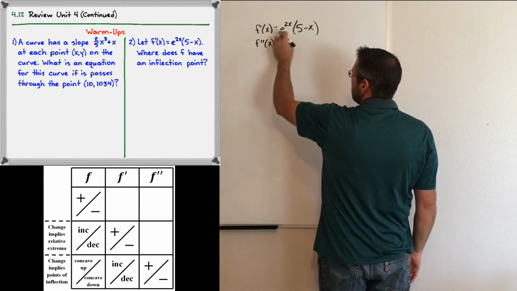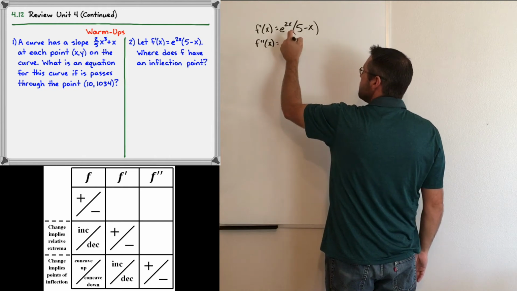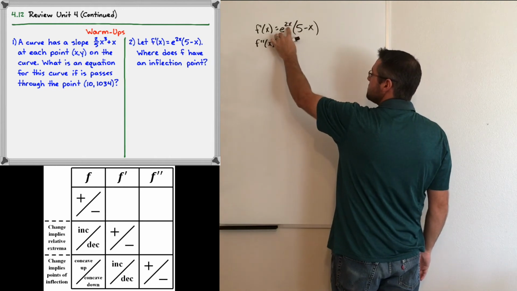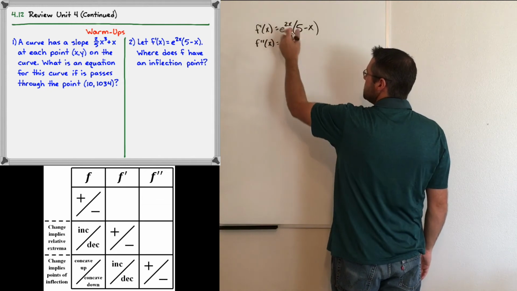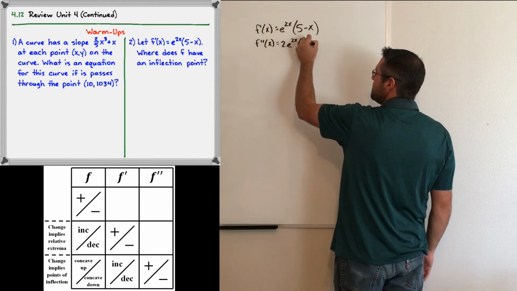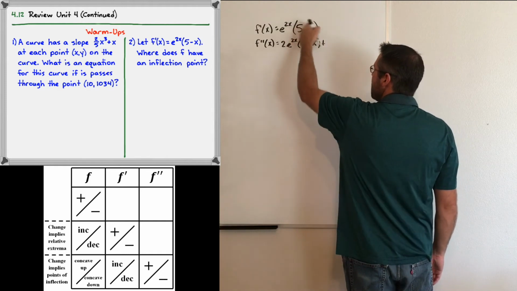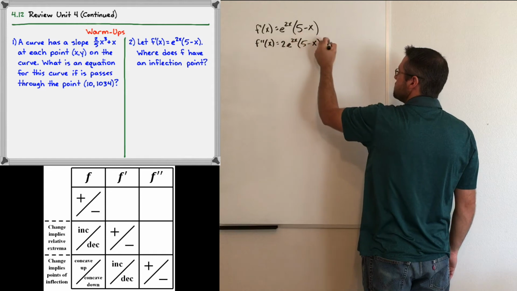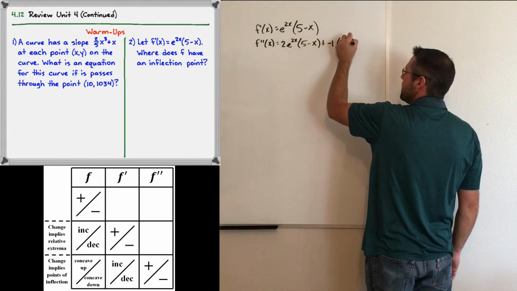Remember, the derivative of e to the anything is the same thing, e to the 2x. But then we have to apply the chain rule, so it's going to be times the derivative of 2x, so it'll be times 2. So that's the derivative of the first piece, and then times the second piece, so times 5 minus x. And then plus the derivative of the second piece. Well, the derivative of 5 minus x is just negative 1. And then times the first piece, so times e to the 2x.